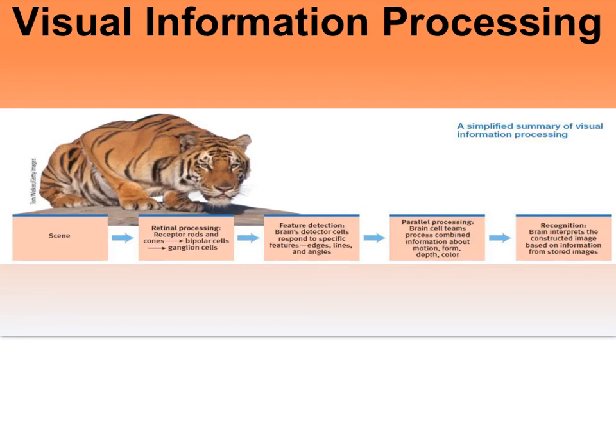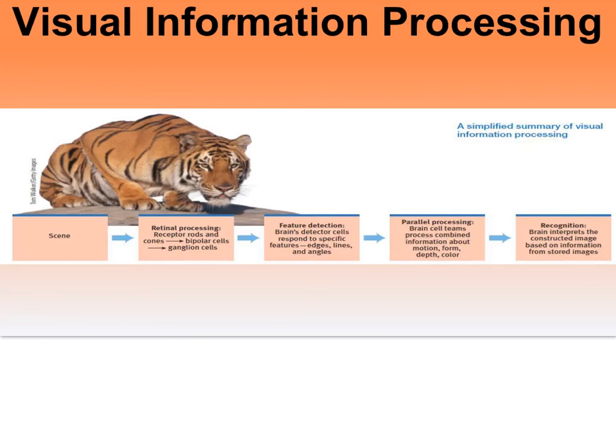And then finally, an important part is that recognition. This is the final part of the visual information processing, and believe it or not, too, automatically, our brain doesn't say, oh, this is a tiger that is looking this way and is about to move.